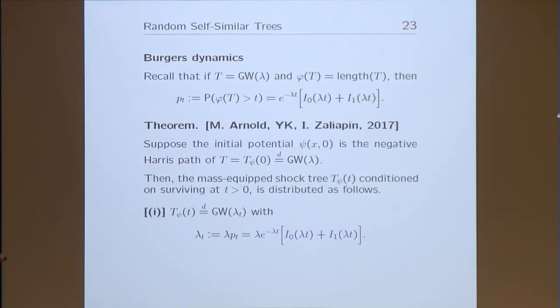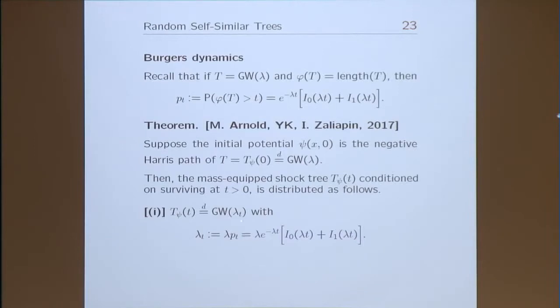Starting with an exponential excursion as our potential with parameter lambda over 2 for each flight, then the tree that we get at time t of Burgers dynamics will be the Galton-Watson with parameter lambda sub t, which is this. That was part A of that theorem.